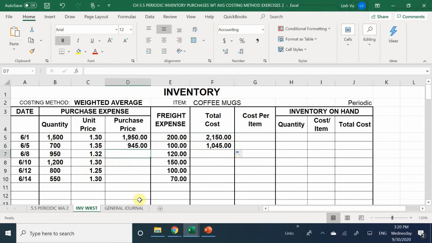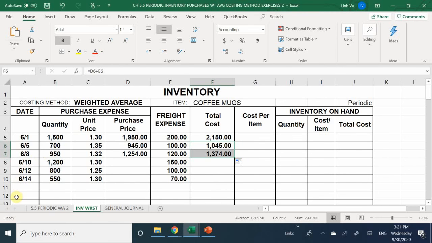Good. Now on June 8th, I made a purchase of 950 items, in this case coffee mugs, and I purchased them for $1.32. So what is my total purchase price here? $1,254. Good. Plus my $120 freight is $1,274.